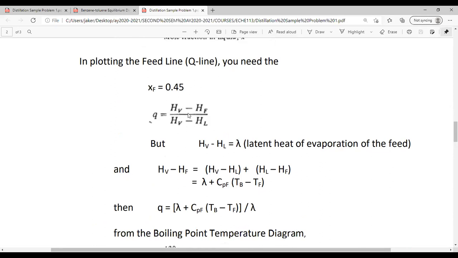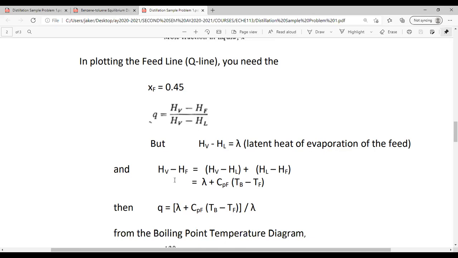Now in the numerator for the formula for the Q, you have HV minus HF, and we don't have this. But we try to manipulate or find an equivalent expression for HV minus HF. Now, if we have HV minus HL, because this one represents the latent heat of vaporization, then you have to think of what expression you will add to this.